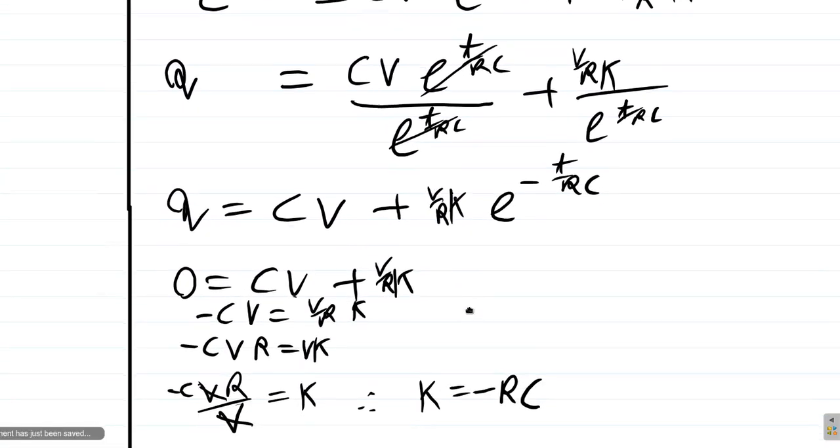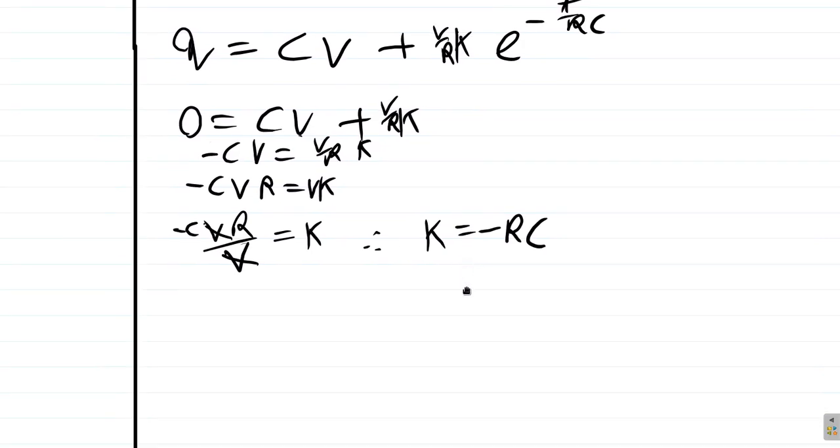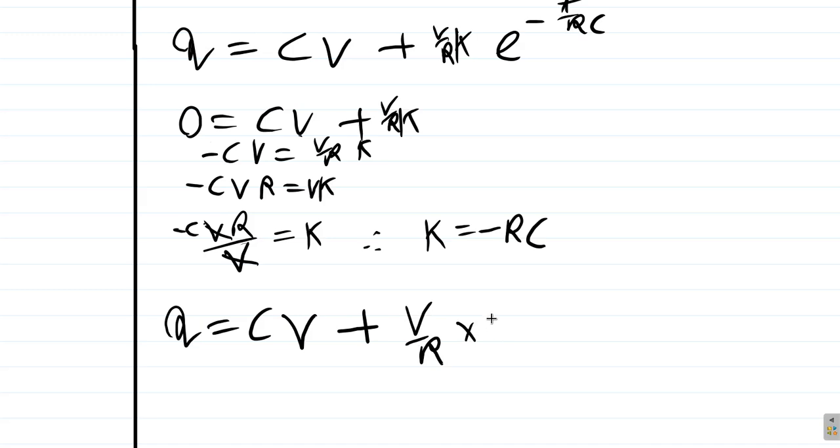So in this case, this being the case, when you rewrite everything up here, you would have Q equals CV plus V over R times K. But you have to consider what is K. K is negative RC.